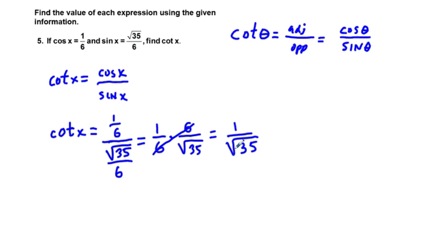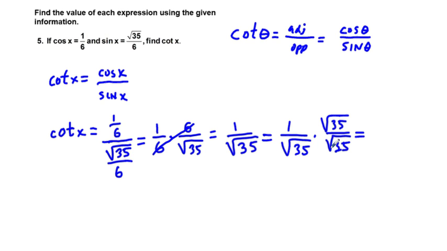Personally, I'm satisfied with this, but there's something called rationalizing the denominator, where we don't want to leave a square root in the denominator by itself. If we multiply by square root of 35 over square root of 35, we get the square root out of the denominator.